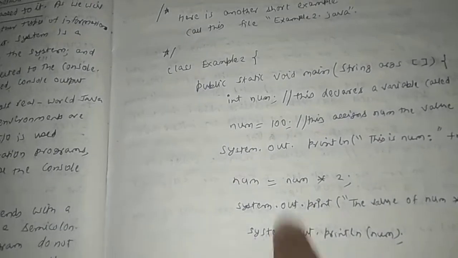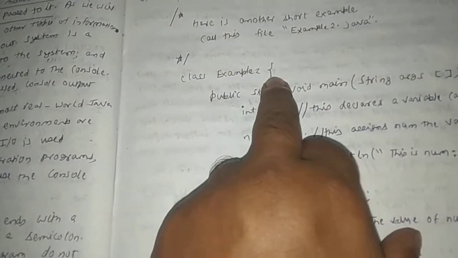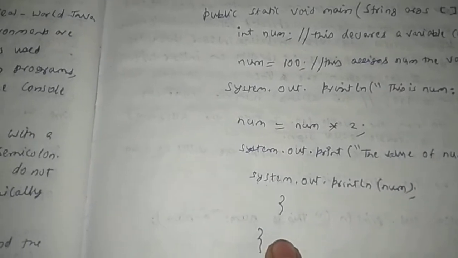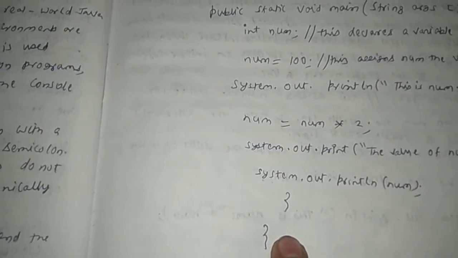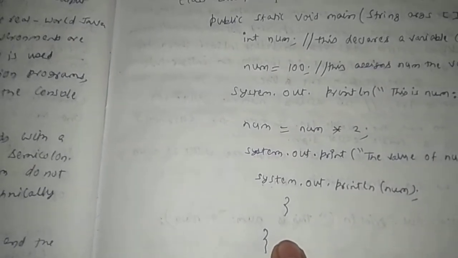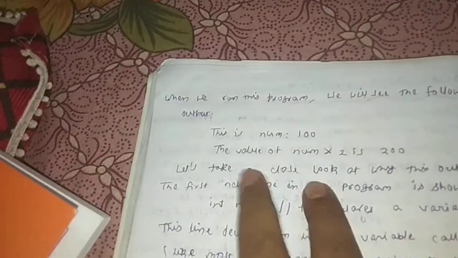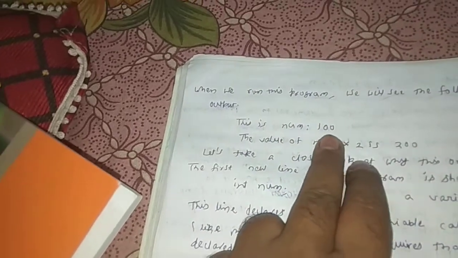Then one important condition. Here are two opening braces. This one is the first and this one is the second. Then these are the corresponding closing braces. The number of opening braces should be equal to the number of closing braces. So our output is, this is num 100.